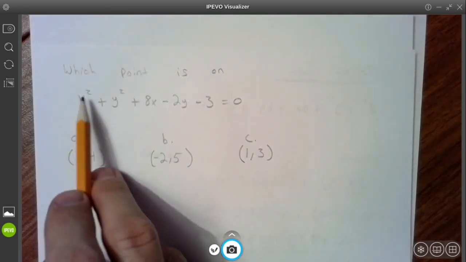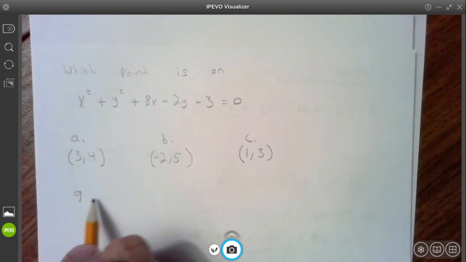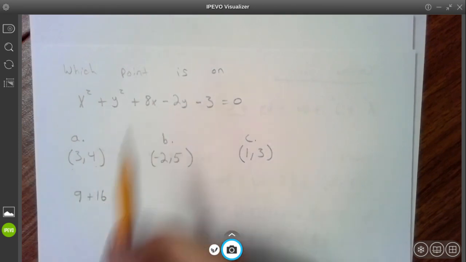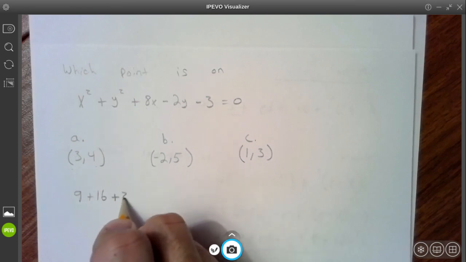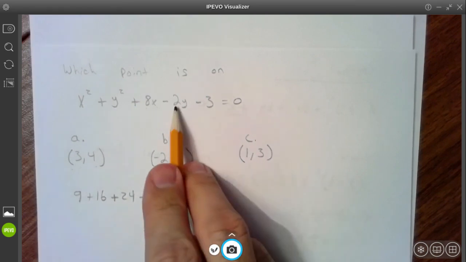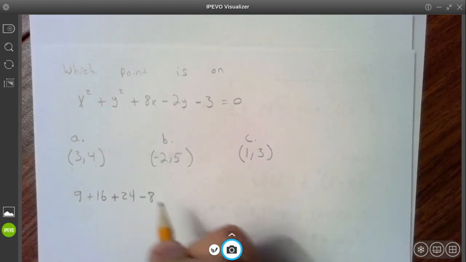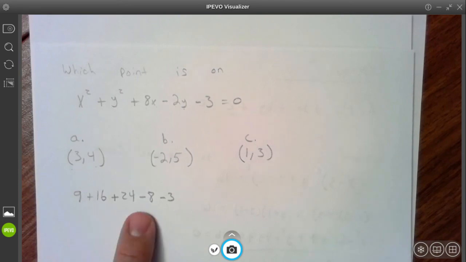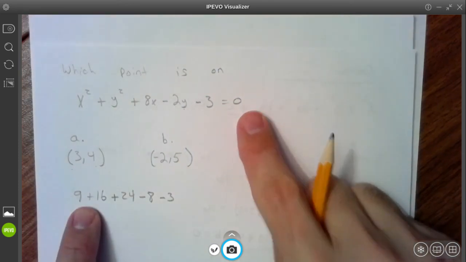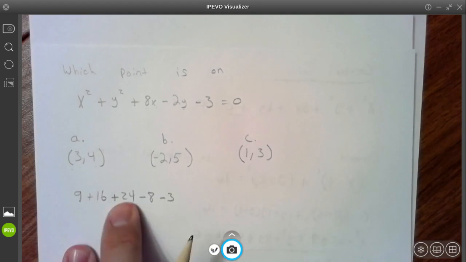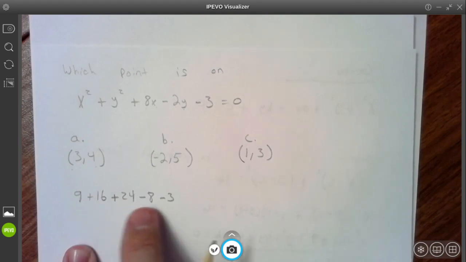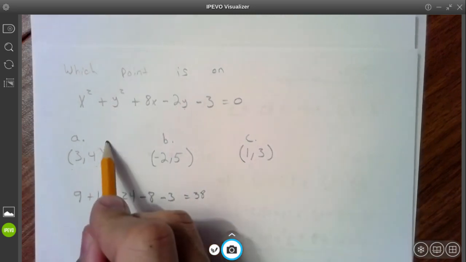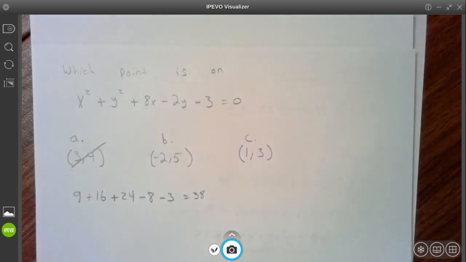So we'll do 3 squared is 9. 4 squared is 16. 8 times 3 is going to be a 24. 2 times 4 for y will be an 8. And then minus 3. And then you just have to see if this equals 0 or not. See here, this will be 25. That'll make 49. 49 minus 11 is going to be 38. So that point is not on that circle.